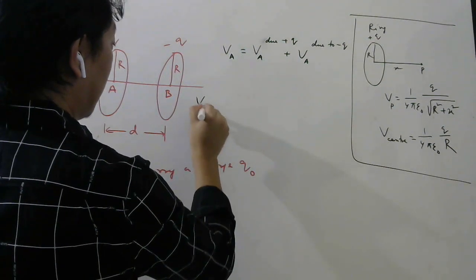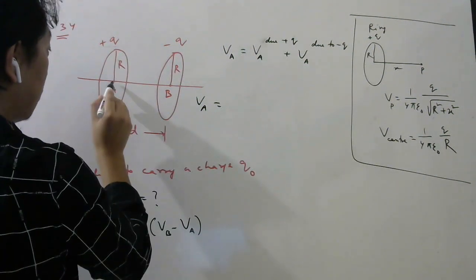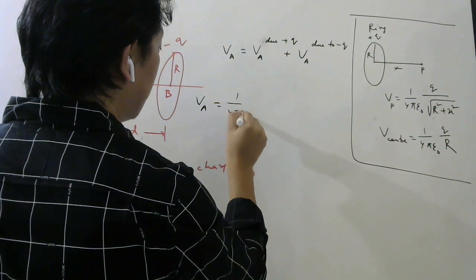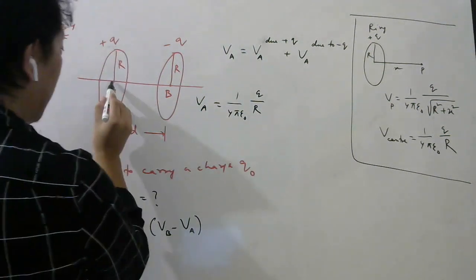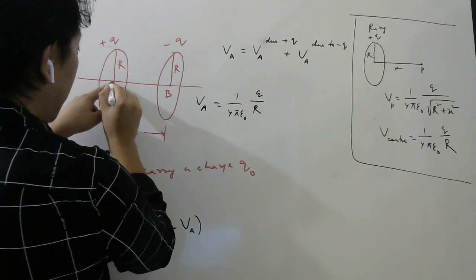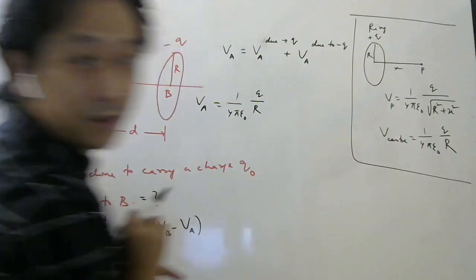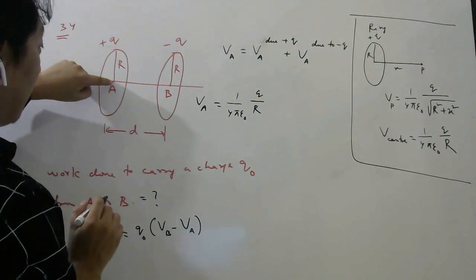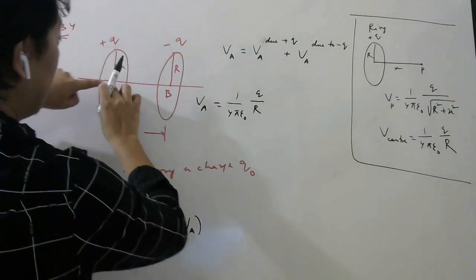So let us calculate. For this plus Q charge, where is this point? At the center. So we can use this formula: 1 by 4 pi epsilon naught Q by R. Now this is the potential at A, but due to which ring? This ring. Now for the other ring, this point is not at the center, but at some distance d on the axis.